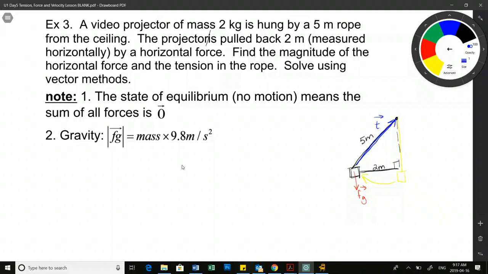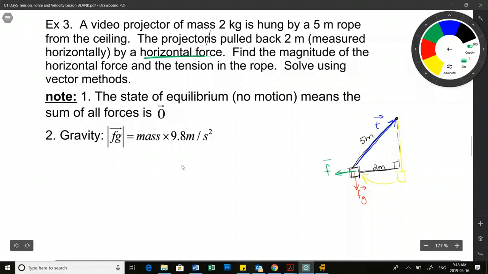Olivia? How do you know that's where the tension is? So the force of tension is actually counteracting the force of gravity, and there's also one more force on here. We have the horizontal force that the box is being pulled by, right? So we must have some kind of horizontal force acting on our box right there.